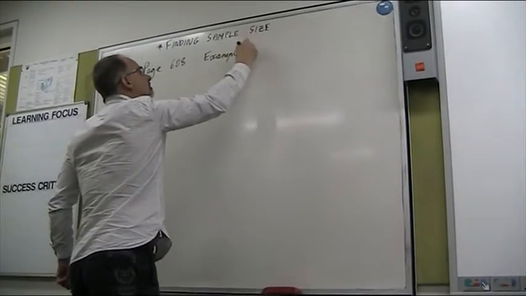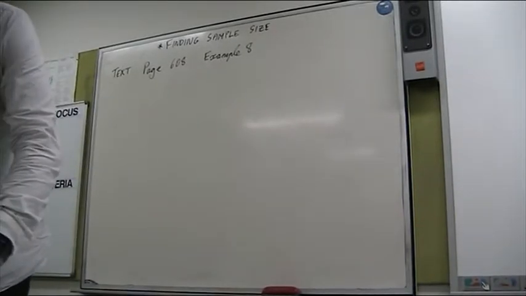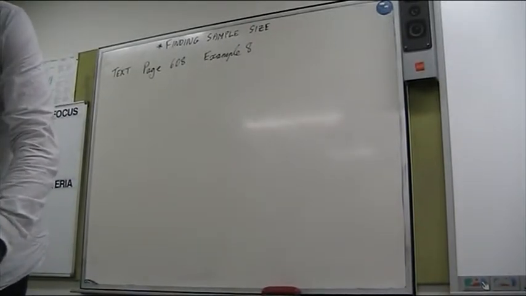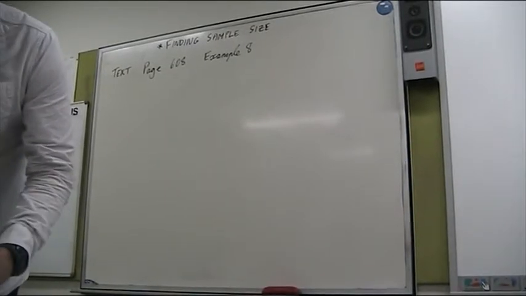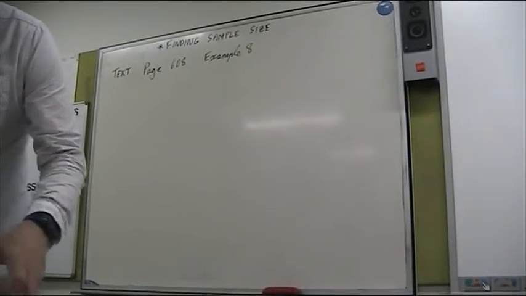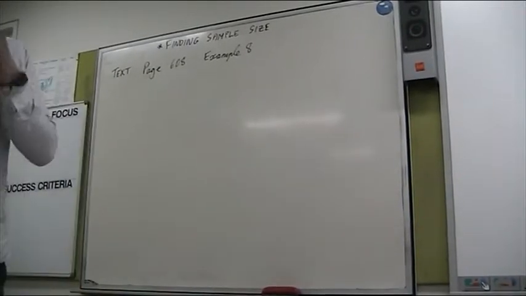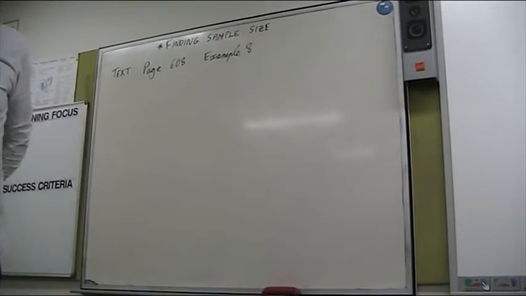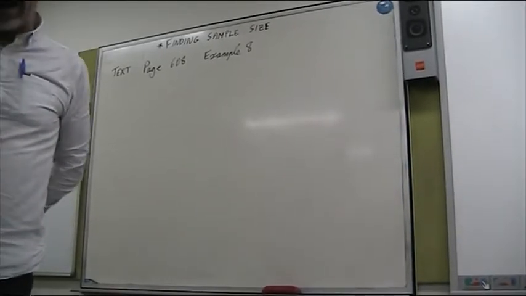So originally what was it? Alright, it says that the probability of winning a prize in a game of chance is 0.48.